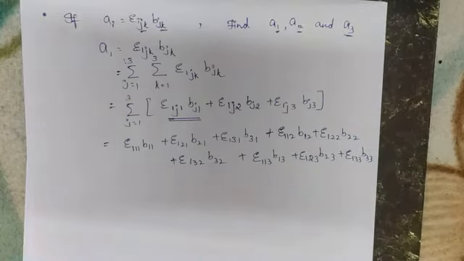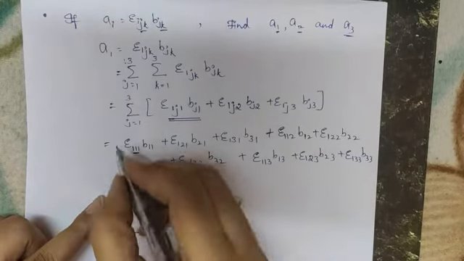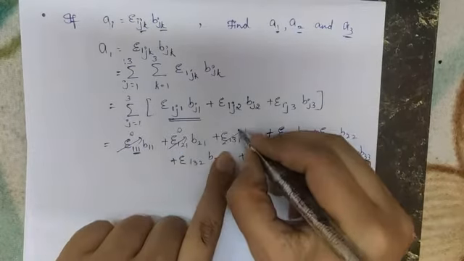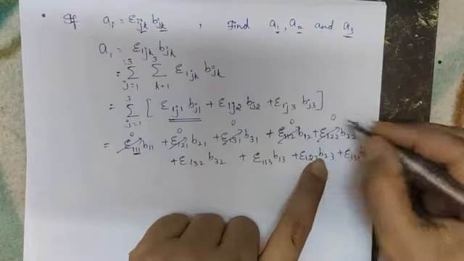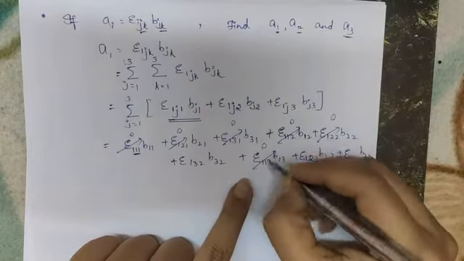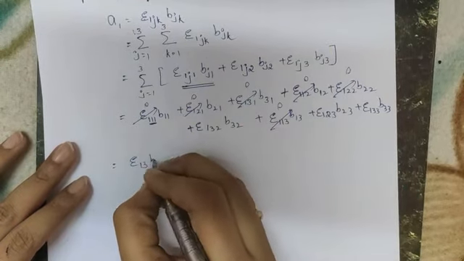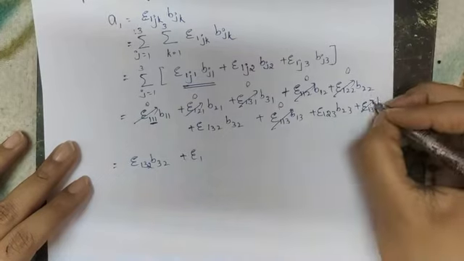Now use the definition of the epsilon ijk symbol. Here the suffixes are repeated, so this is 0, this is 0, this is 0, this is 0, here it is 0 and this one is 0. You will get epsilon 132 b32 plus epsilon 123 b23, and the other term is also 0.